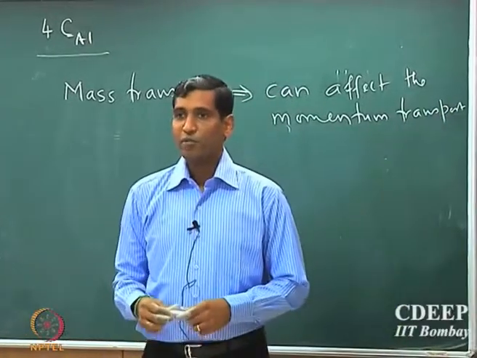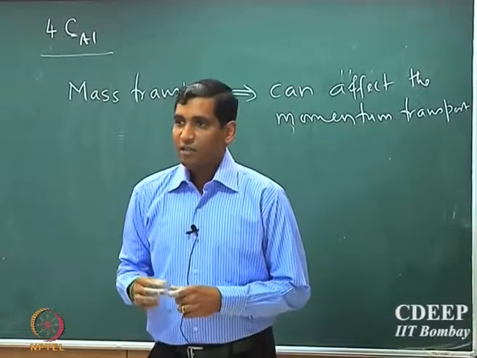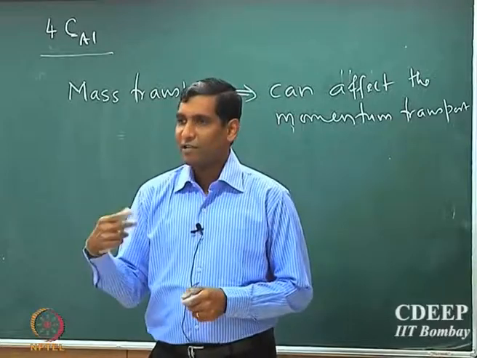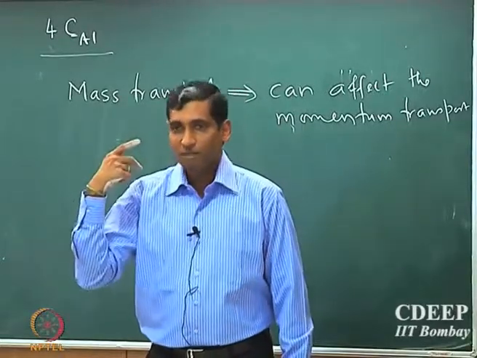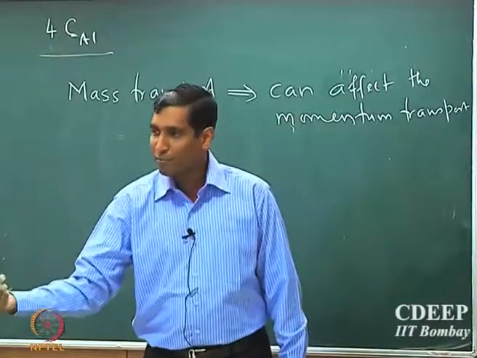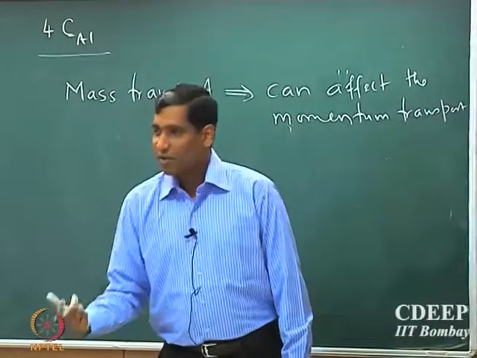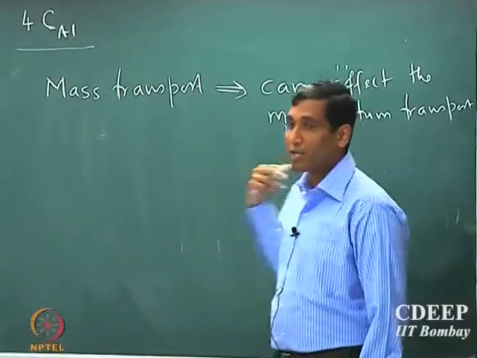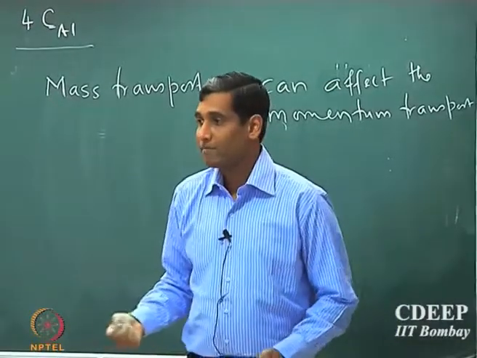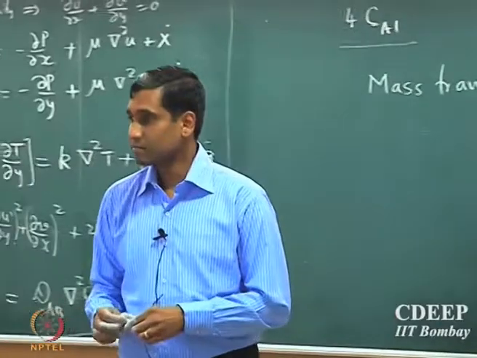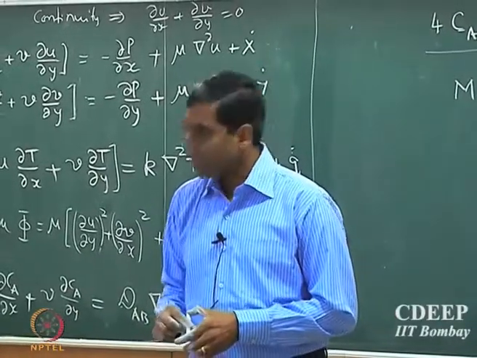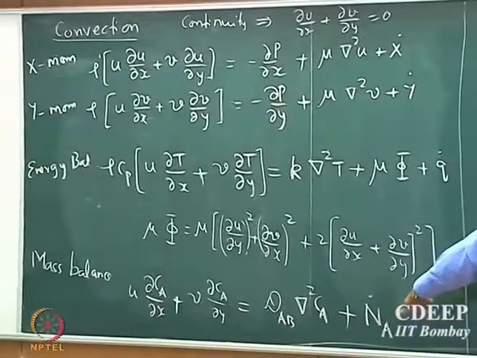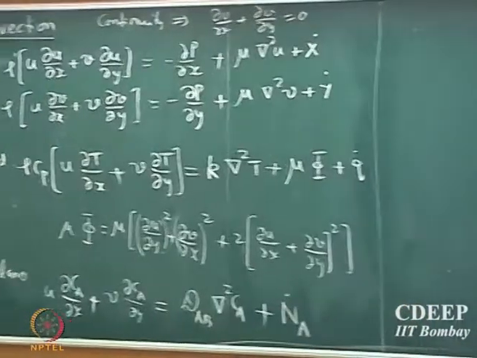In fact, you may recall in your transport course, the flux of mass transport was called J. It's defined as the diffusive flux plus the contribution from the convective flux, right? So anytime you have mass transport, in principle it can actually affect the convection of that species in that direction. Correct. Right. But this one tells you that momentum transport affects the mass balance, mass transport here. So they are of course coupled.